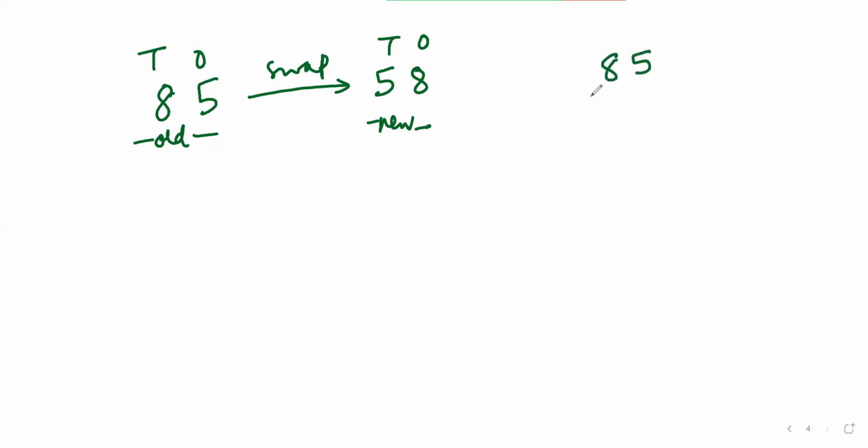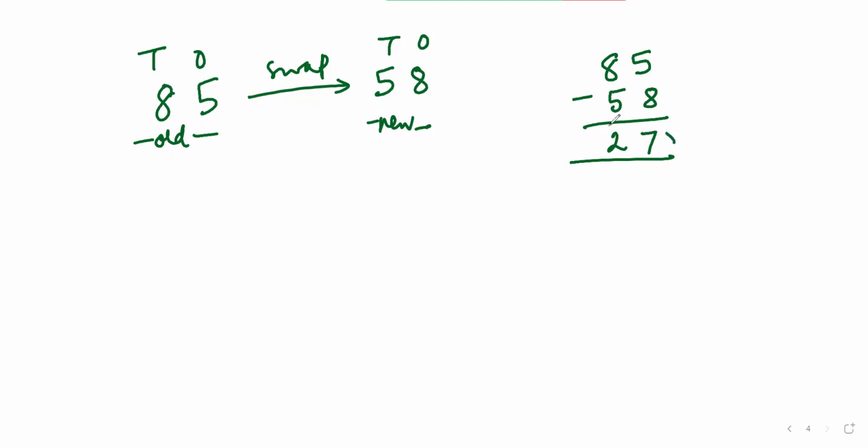Okay, bigger number is 85 minus 58. What will that be? 77. Sorry, 27. Okay, 27. So 27 is the new number that I obtained.